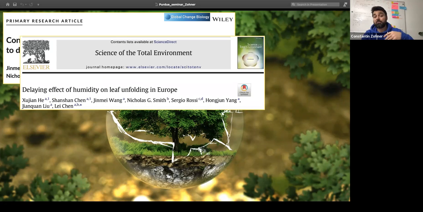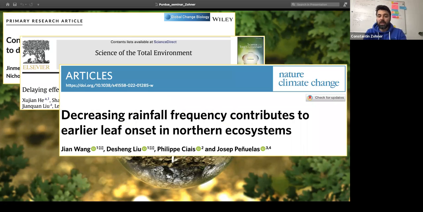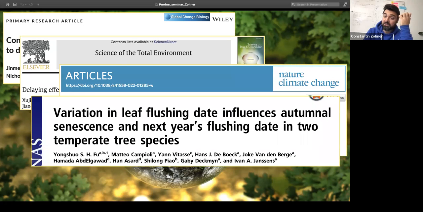We need to consider the role of humidity in spring, which might play an additional role. We need to account for rainfall frequency as well. We need to even account for leaf out in the previous year, which might play a role in determining next year's leaf out date.